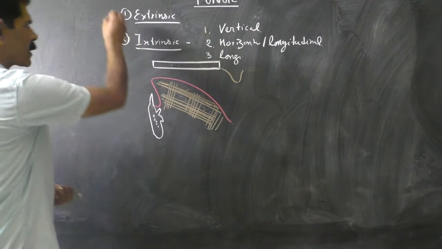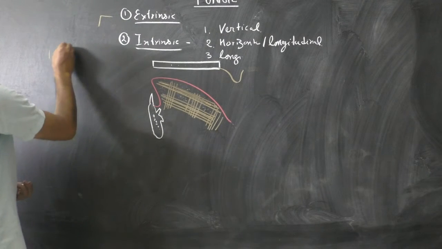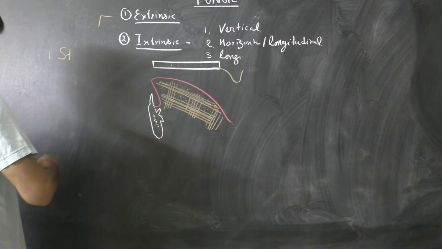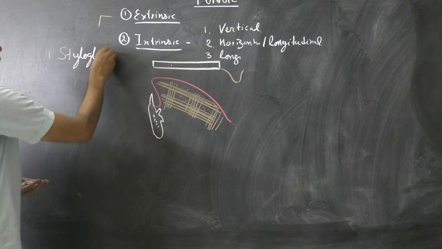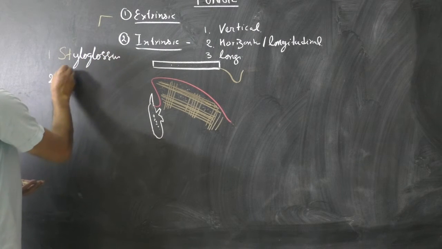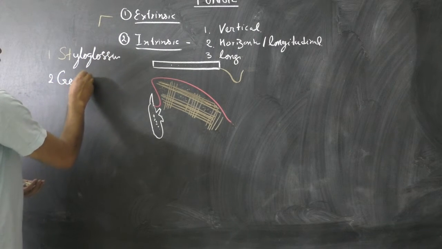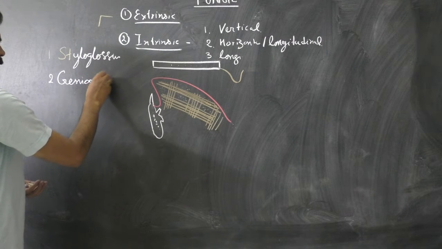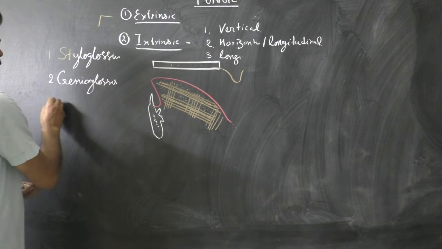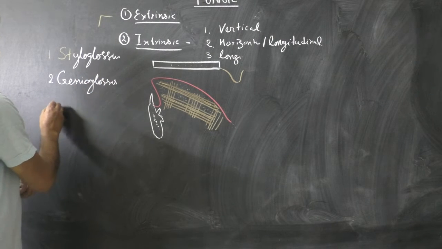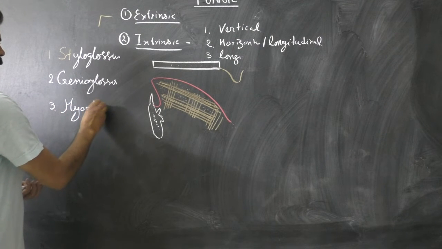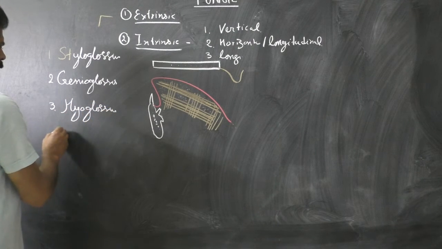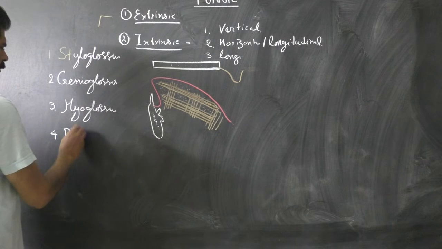The muscles which are extrinsic are styloglossus, genioglossus, hyoglossus, and palatoglossus.